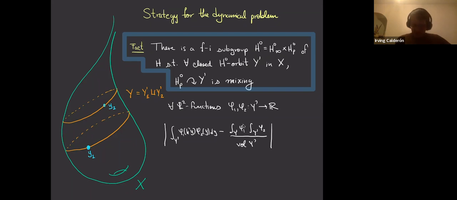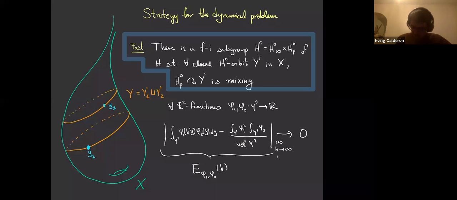So this just says that this term that I will denote E phi1, phi2 of h tends to 0 as h tends to infinity in Hp naught.